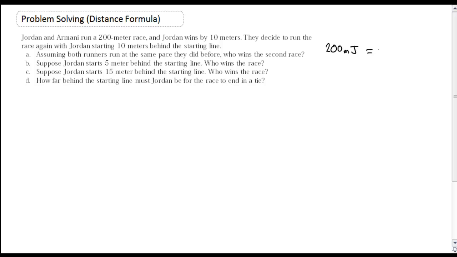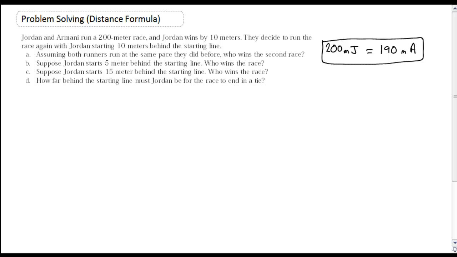And Armani finished 10 meters behind, which means that in the time it took Jordan to run his 200 meters, Armani ran 190 meters. Okay? So in terms of their distances, Jordan can run 200 meters in the time that it takes Armani to run 190 meters.